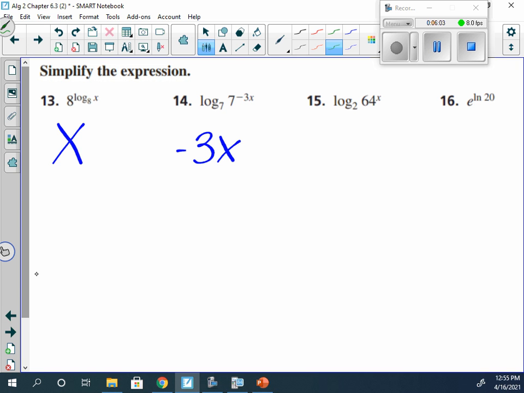Now that brings us to number 15. I'm going to write it down below so that I have a little more space. Now this one here will not work out to be 2x, like the last two did. For us to be able to simplify the logarithm, we really need to rewrite 64 as 2 to an exponent. So 2 times itself, how many times is 64?